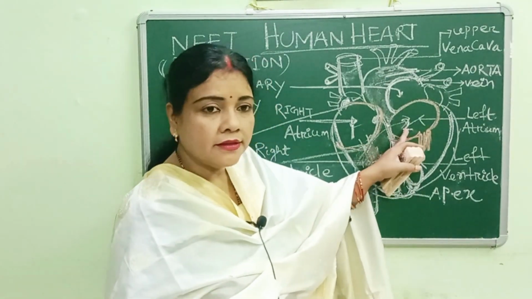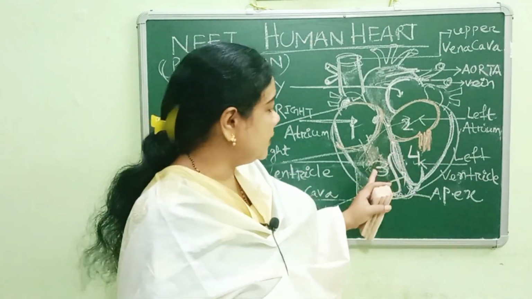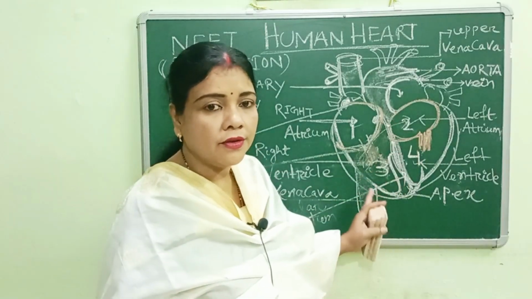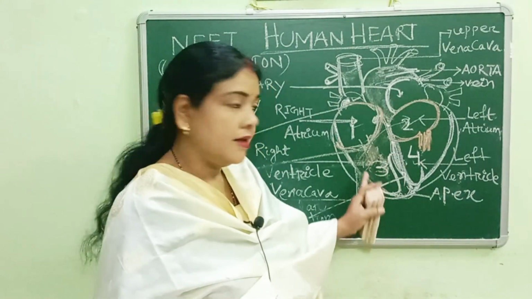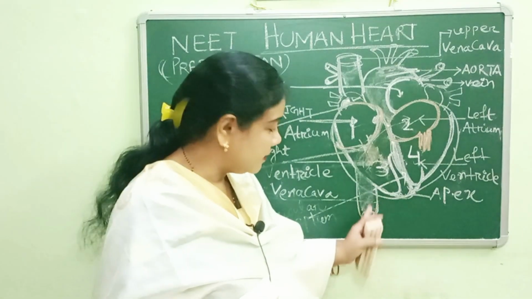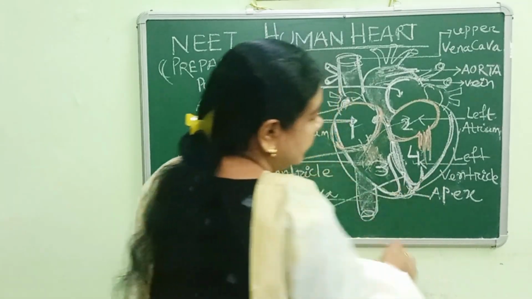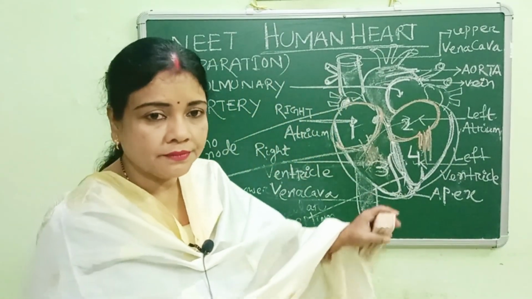This left atrium collects the oxygenated blood which is already collected from the lungs. Then it passes to the left ventricle.